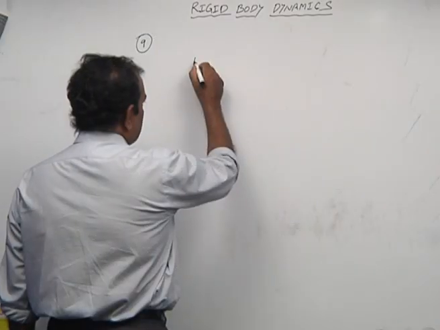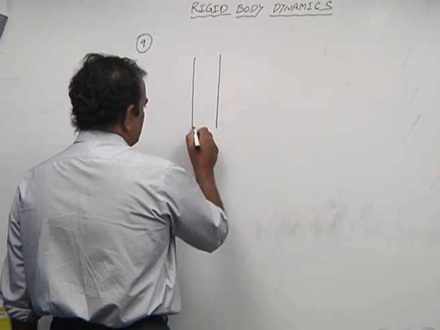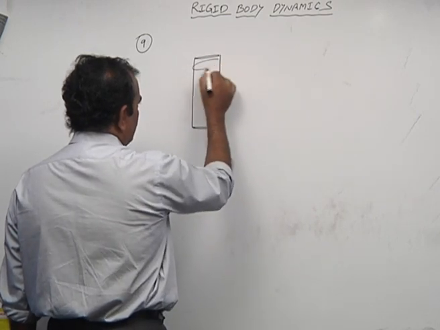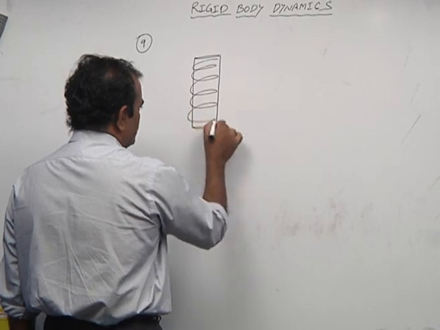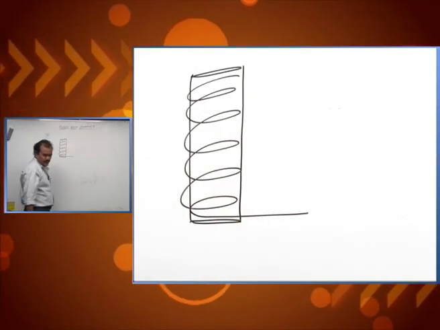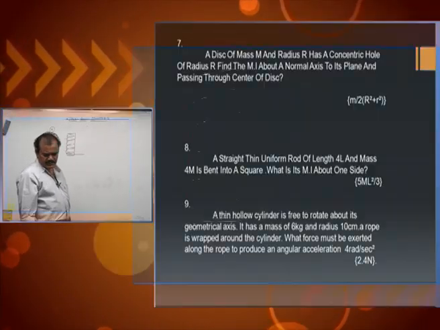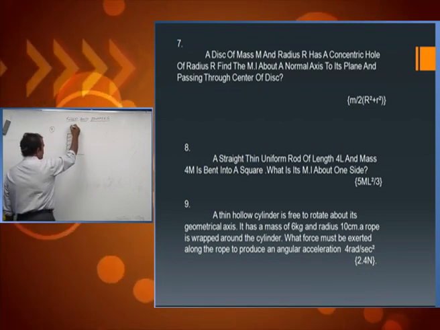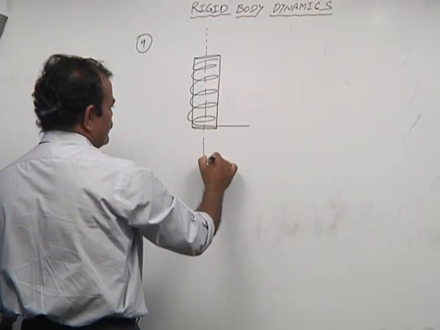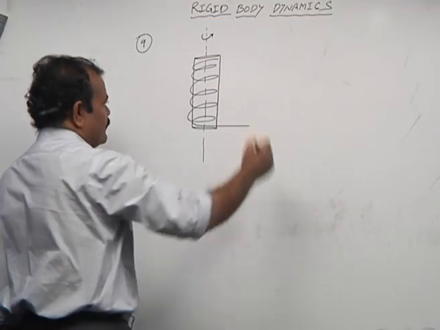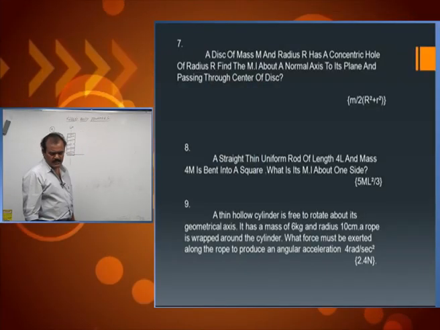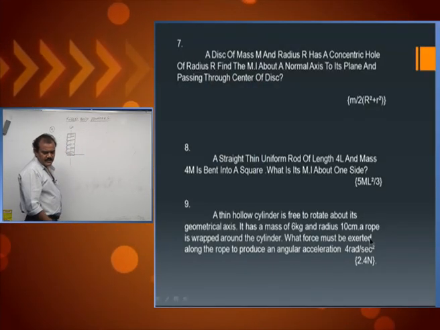So this is the thin hollow cylinder, and in this case the rope is wrapped around it like this, and at this end of the rope we are applying some force. A thin hollow cylinder is free to rotate about its geometrical axis, which is nothing but the natural axis of that cylinder. So this is the axis of rotation, and it has a mass of 6 kg and its radius is 10 centimeters.